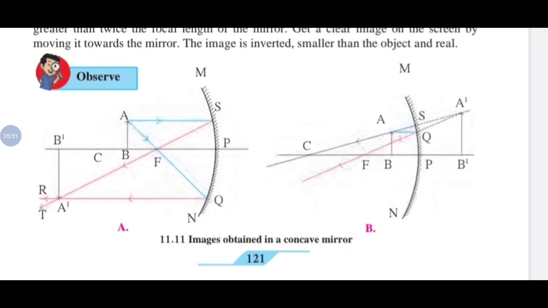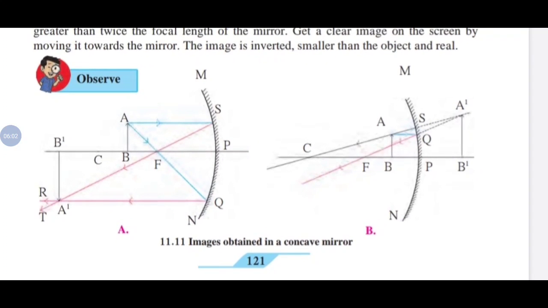Now the second reflection from point Q. AQ is the incident ray and it passes through the principal focus. What is that rule? When an incident ray passes through the focus, the reflection occurs parallel to the principal axis. So QR is the second reflected ray and it is parallel to the principal axis.